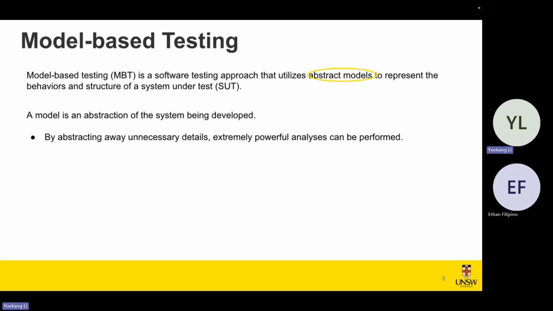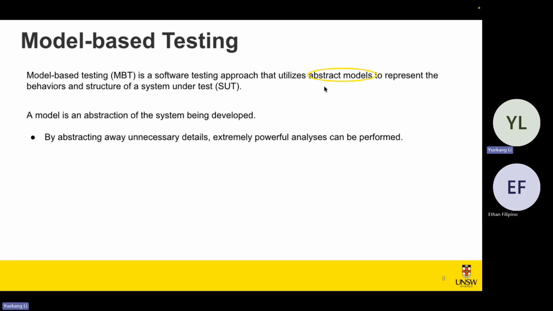Then we are getting rid of some details. Because we are getting rid of the details, we can apply some very powerful analysis techniques. These powerful analysis techniques are often not very scalable. We have to drop some details. We have to focus on the key features we care about. So that's why we need some kind of abstraction with the models.